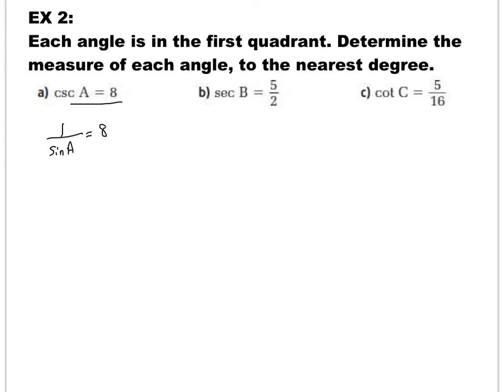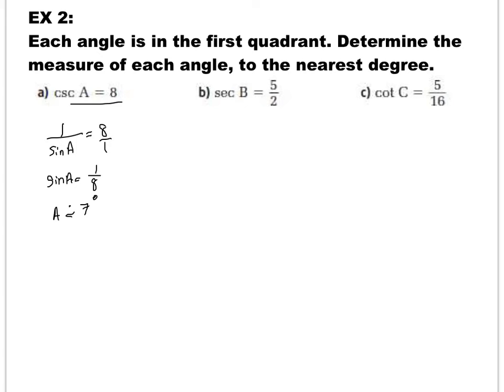If we flip the two fractions, we get sine A is equal to 1 over 8. If we use the calculator and the inverse function for sine, we get that A is approximately 7 degrees.